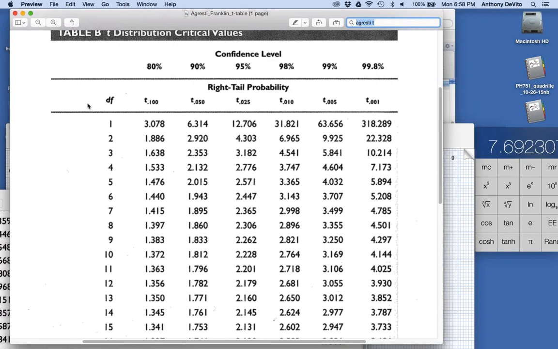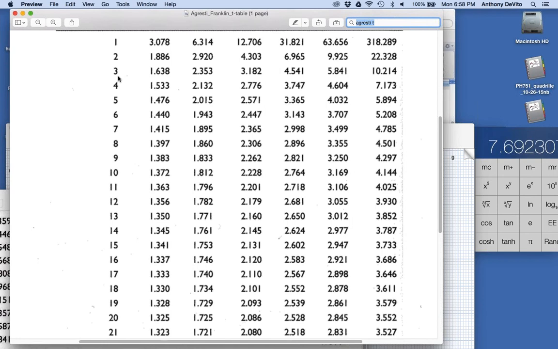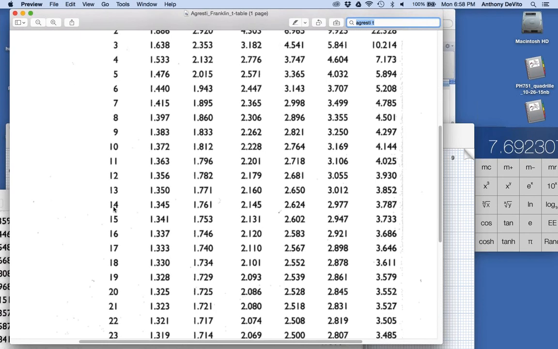That number is it. If you got two numbers, you have a choice between two values. So you have 1 degree of freedom. You could choose one way or the other way. Sample size of 3, you have 2 degrees of freedom, and so on and so forth. So the degrees of freedom are basically the sample size minus 1. So in our case, sample size was 15. So the degrees of freedom is 14.